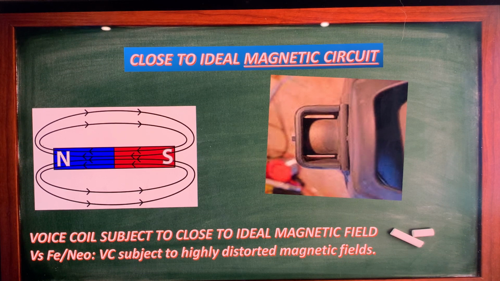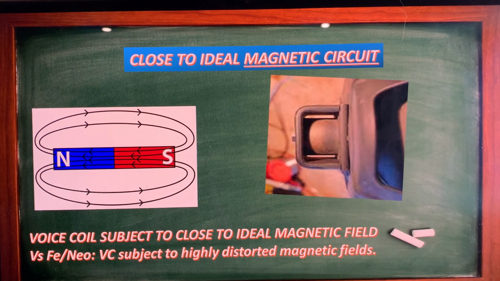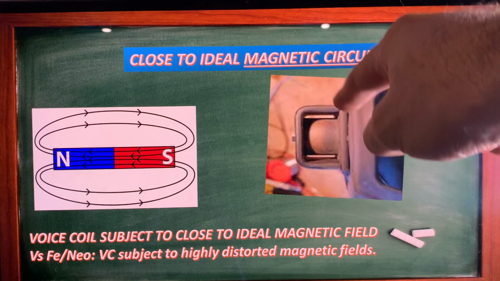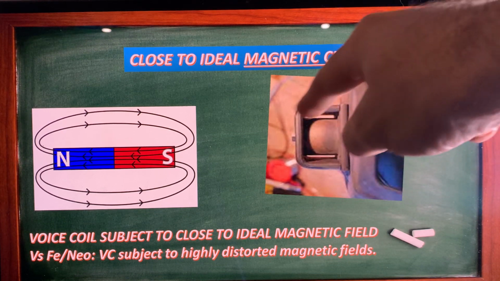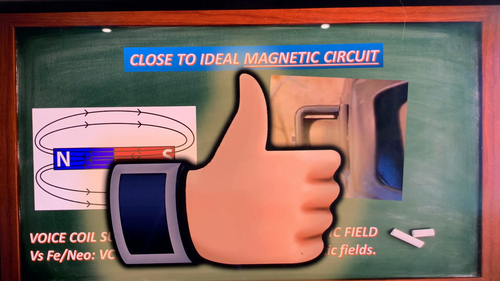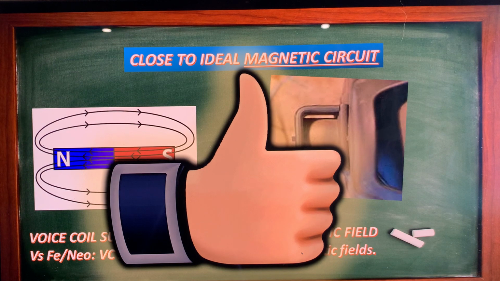So basically, just recapping things, if you have an ALNICO driver, this is another example, then basically you have the magnet in the center, and you have the magnetic circuit closed, so you are closing the loop, and the voice coil riding next to the very powerful, very solid generator.